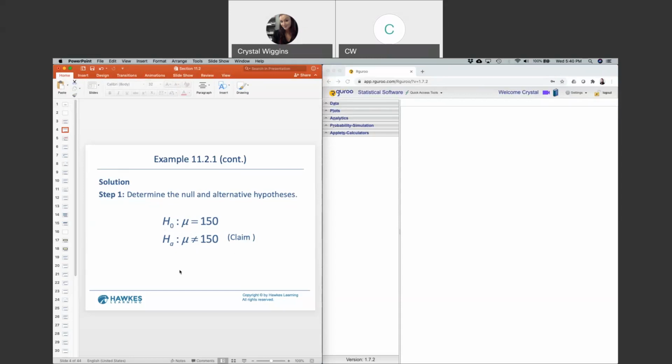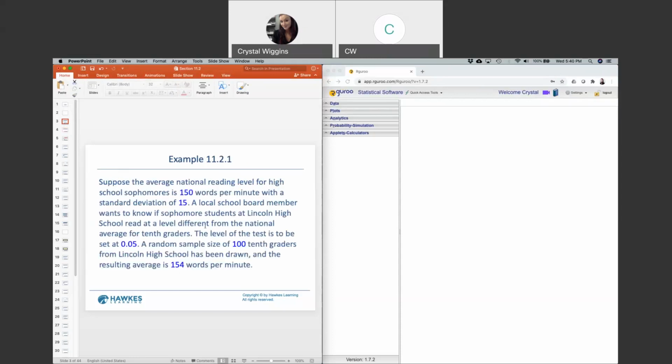So where did we come up with this setup? Well, if we go back to the situation, we look for what's being claimed or what's being asked to test. So here I see there's some statements being made. We have an average. Okay. A local school board member wants to know.